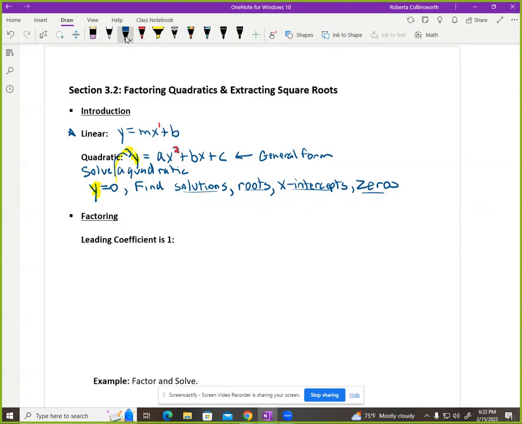So when we're solving a quadratic, let me draw a picture again. If I am finding its x-intercepts, that means where it's crossing the x-axis. So in this picture, right here, it's crossing the x-axis in 2 places, which means I'm going to have 2 solutions, right?